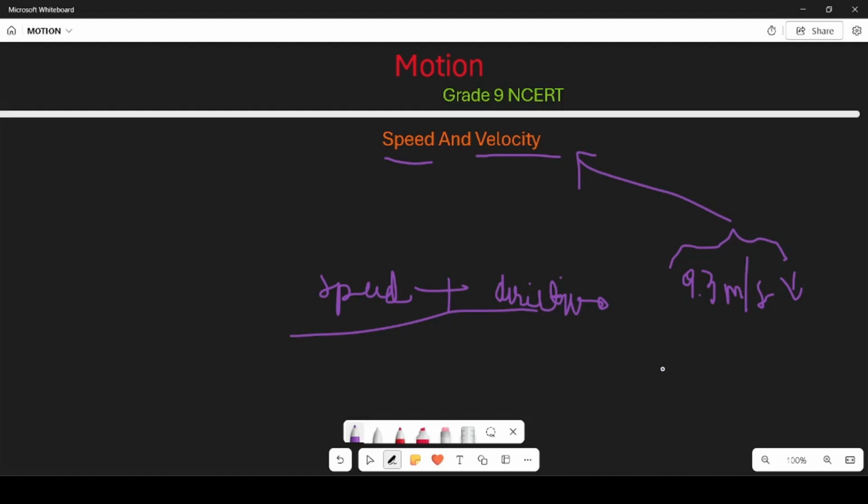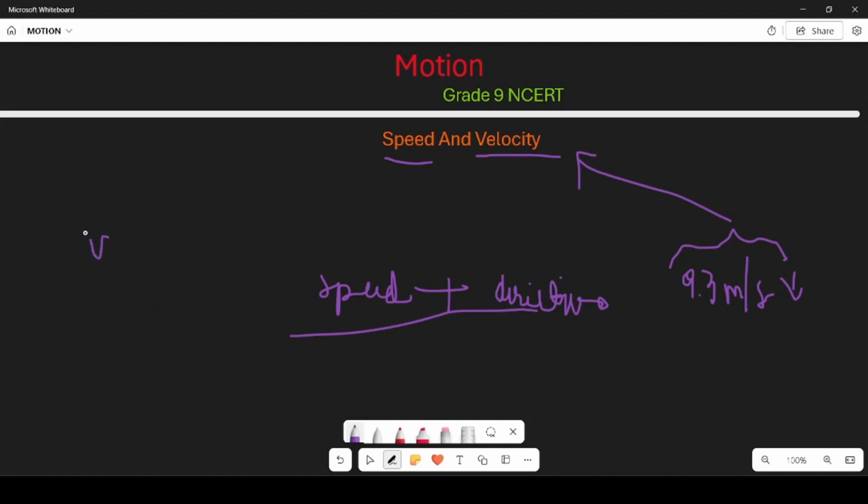Different objects may take different amounts of time to cover a given distance. Some of them move fast and some of them move slow. The rate at which objects move can be different. That rate would be speed. It could also be velocity, but direction must be specified.